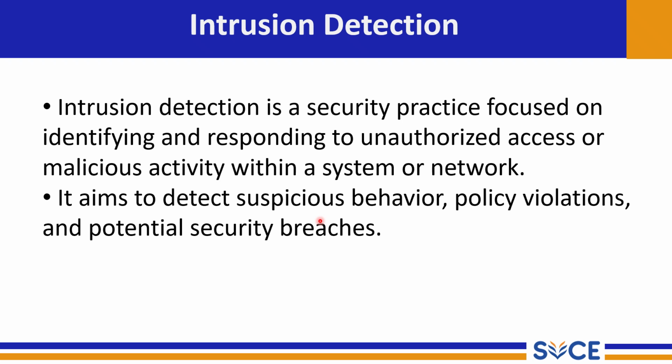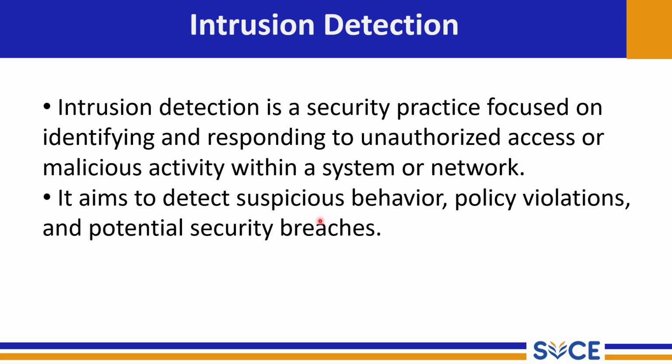And how does this intrusion detection system work? First of all, signature-based detection compares the network traffic or the system activity against a database of known attack patterns, like signatures.